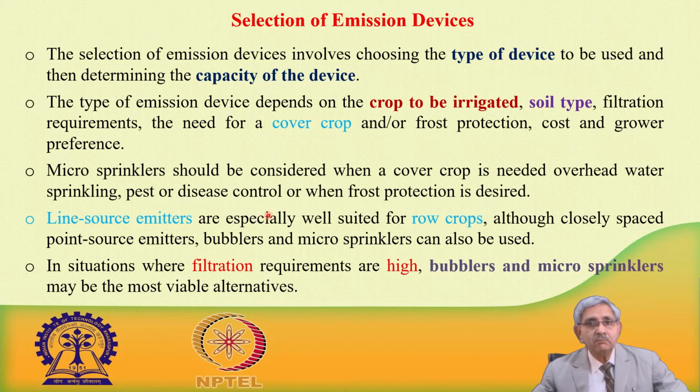And then line source emitters are used for row crops, mainly for close growing crops. The bubblers and micro sprinklers are used for close growing crops like spinach, fenugreek, and coriander. And when the filtration requirement is high, then bubblers and micro sprinklers are preferred.